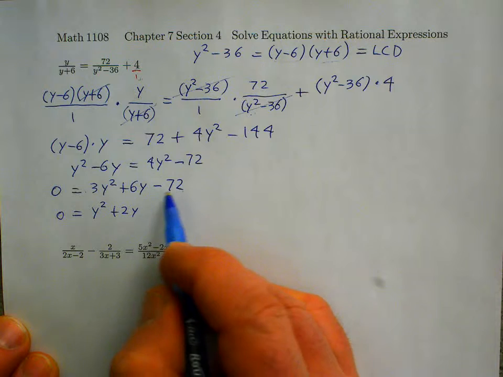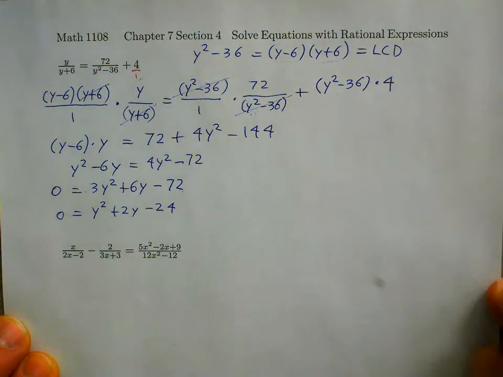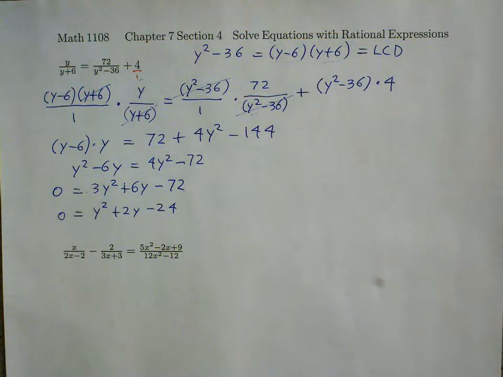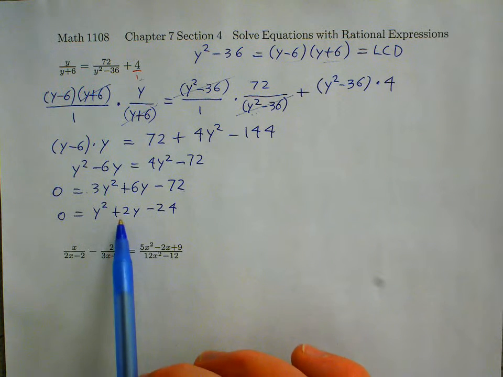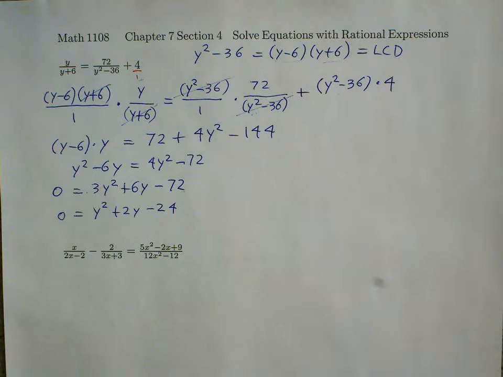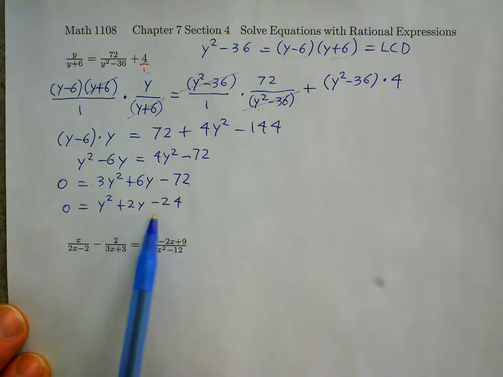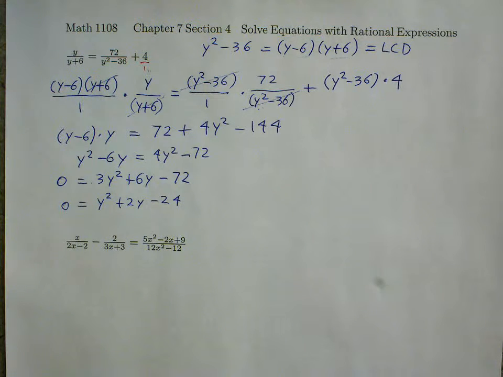And minus 72 divided by 3 is minus 24. Okay, now we're going to factor the right-hand side, y squared plus 2y minus 24. And if we can factor it, then we'll be able to find the solutions.